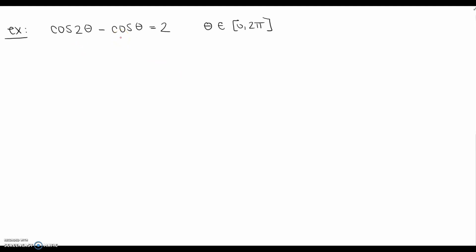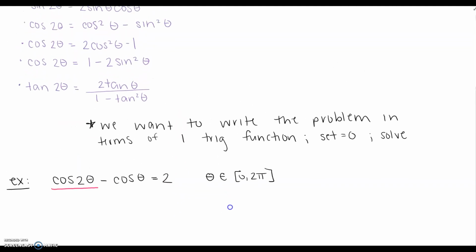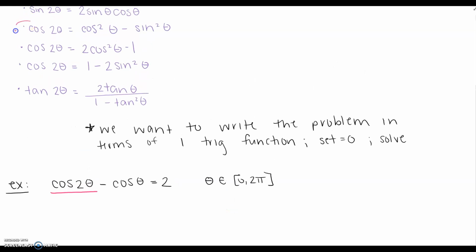So what you're going to do first is you need to change this cosine of 2 theta using one of the double angle identities. So now you have to look at the cosine ones, and there's 3, and figure out which is best.